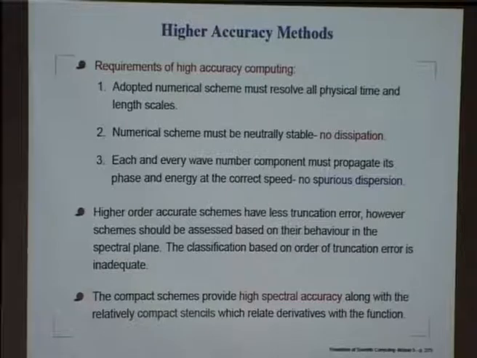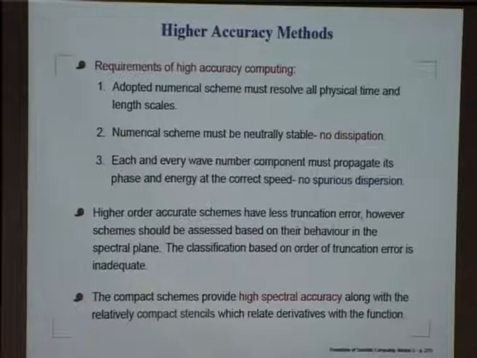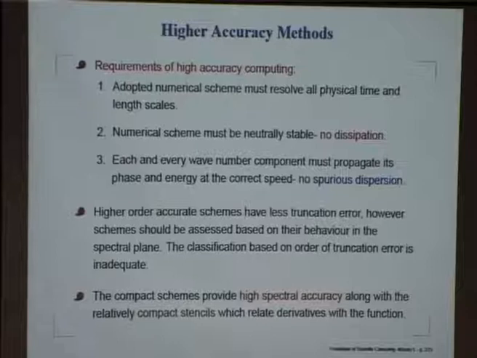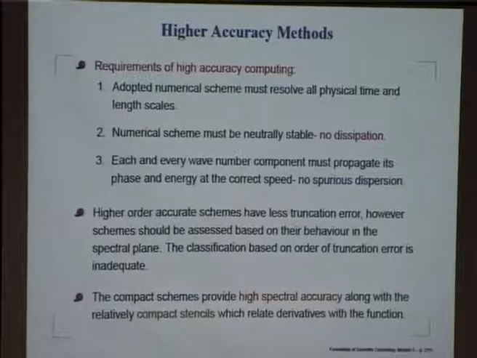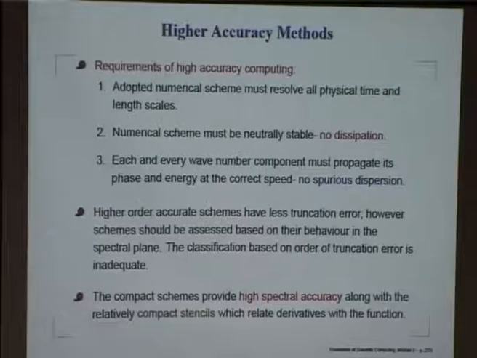And somewhere someone has said that you need a high accuracy solution. So basically what you need to do is reduce your discretization error, and one of the major sources of discretization error is truncation. And so people try to derive higher order schemes.